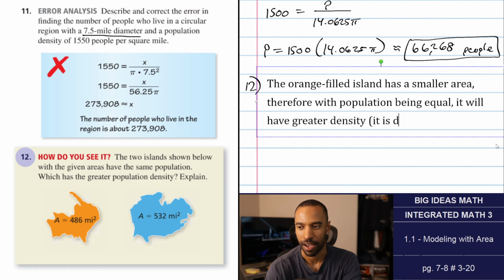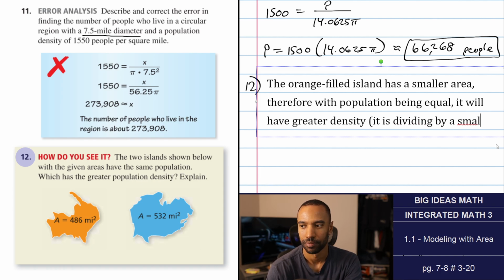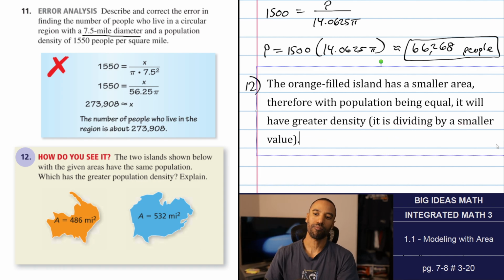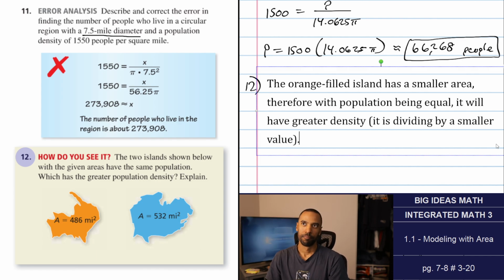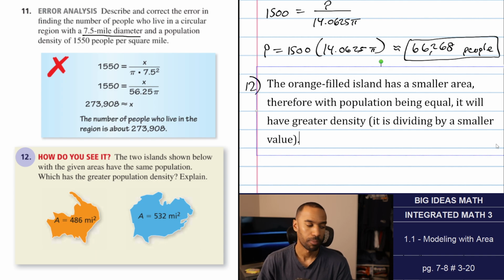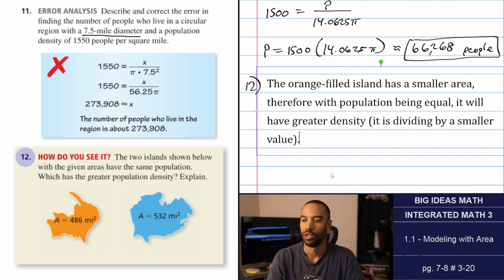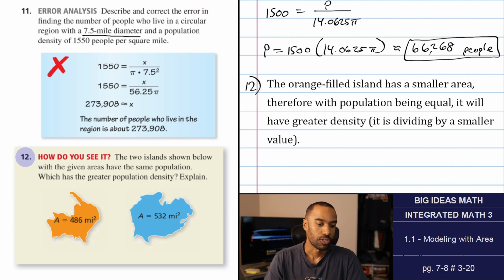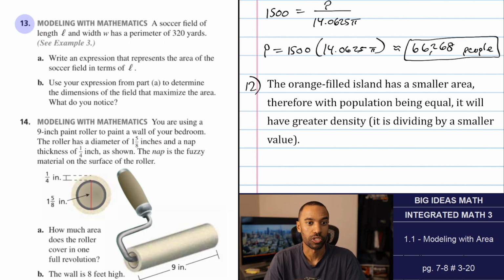It is dividing by a smaller value, right? If I say what number's bigger, x over 2 or x over 7, x over 2 is a bigger number. You're dividing by a smaller value. That's all I have to say with that one. Yeah, 486 smaller than 532. There are more people packed inside of a smaller area in general. Or the same amount of people, but when it comes to density.